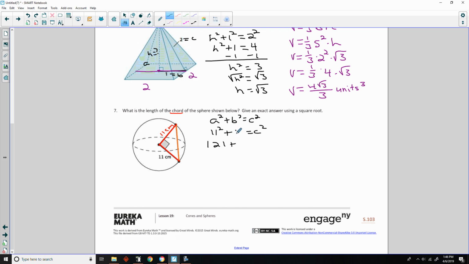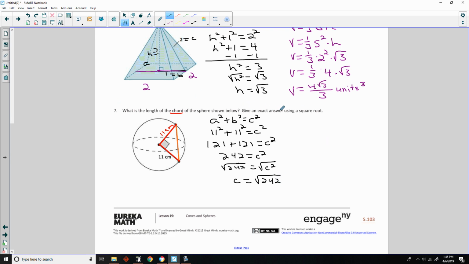Okay, so this should be 11 squared as well. So 11 squared is 121 equals our chord squared. 121 plus 121 is 242 equals c squared. So therefore, if we take the square root of both sides, then we get c equals the square root of 242.